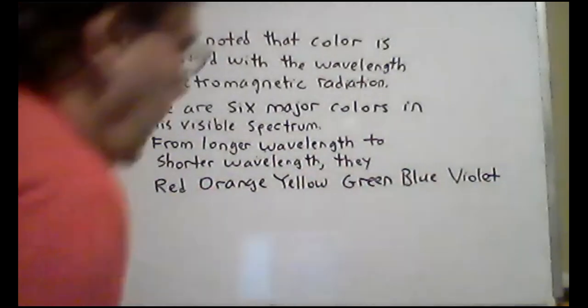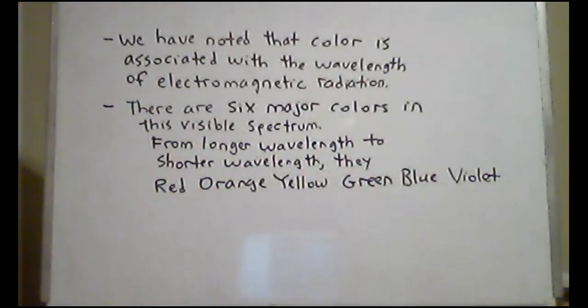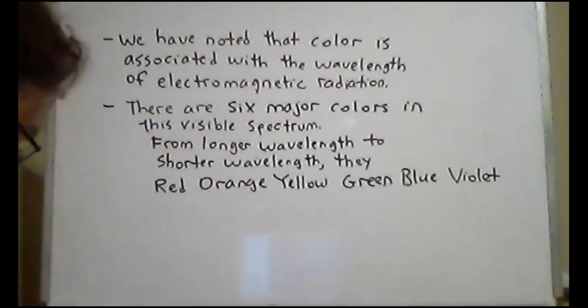I showed you a diagram in the last lecture showing these colors on a scale, or a plot, versus wavelength. We also know these are the order of colors in rainbows. Okay, so we know that as well.